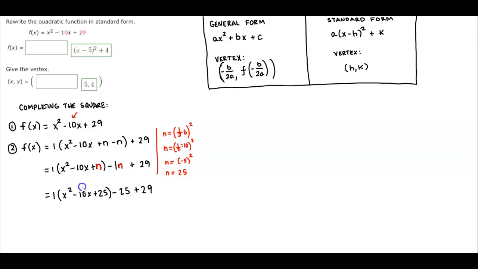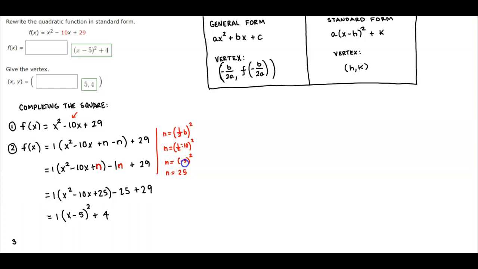Okay, so now we can factor this, rewriting it in terms of the perfect square trinomial. Well, what did we have to square to get 25? We had to square negative 5. So therefore, it's going to be 1 times x minus 5 squared, plus, well, minus 25 plus 29 is 4. So therefore, we can see what the result is up there.